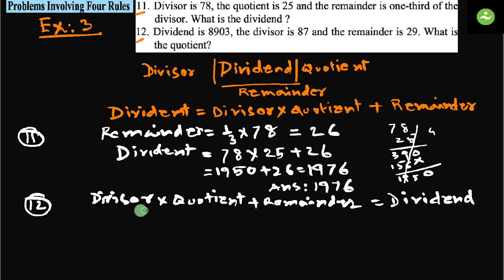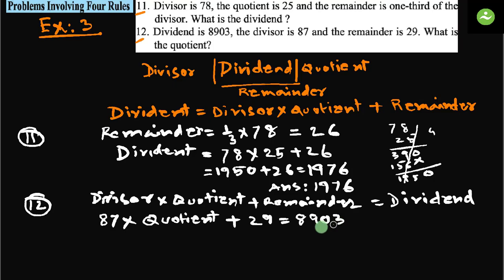Now we have got the value of dividend, and we got divisor 87 into quotient, which we don't know, we have to find out. So 87 into quotient plus remainder, the value of remainder is 29, equals dividend 8903.